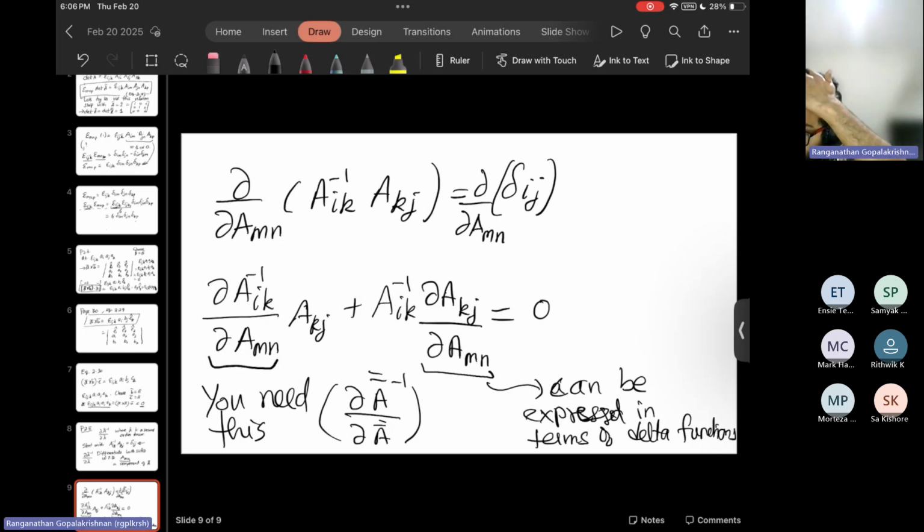So we want to keep the first term and get rid of the second term. How can you express this second term in terms of delta functions?